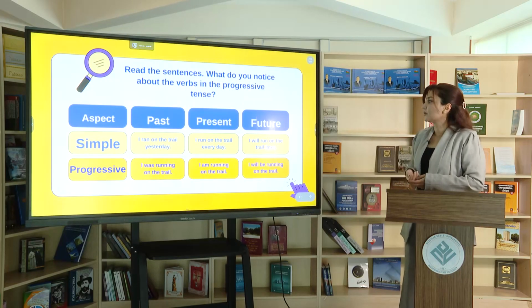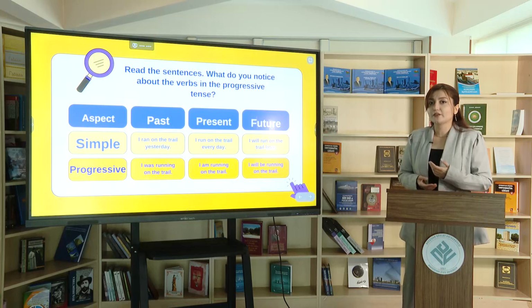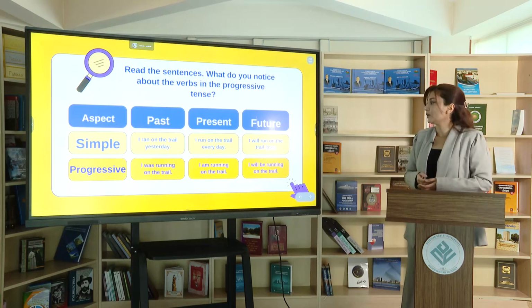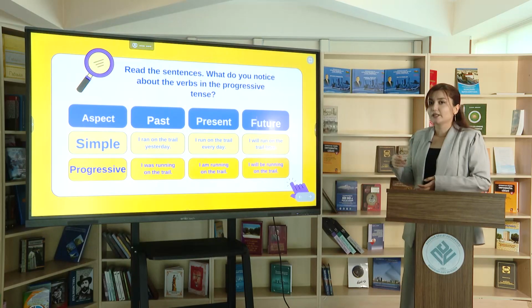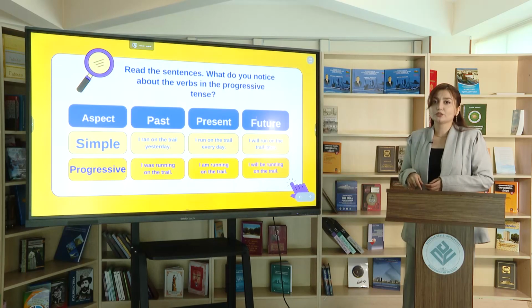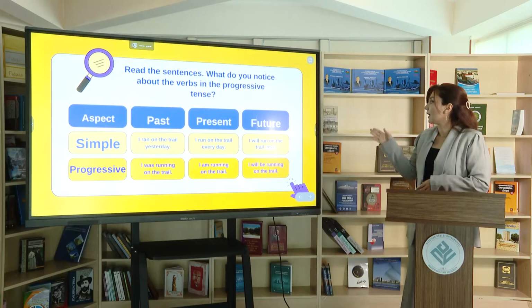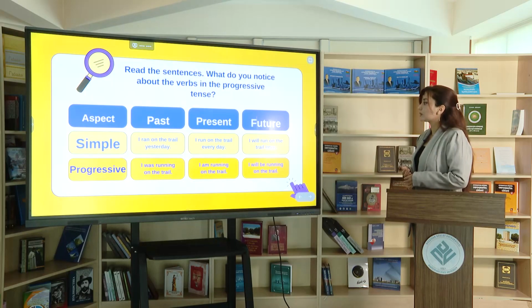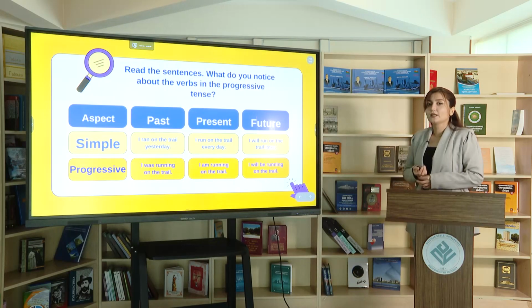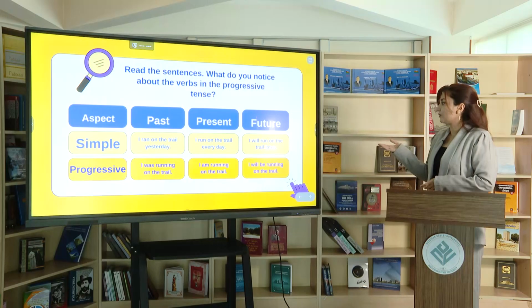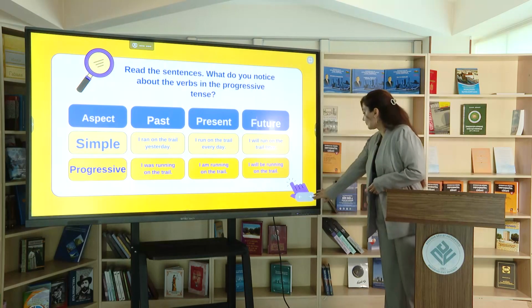In present simple tense, I run on the trail every day. It means that you do it regularly, often, and I am running on the trail. It means that you are doing it right now. In future tense, I will run on the trail later, and in progressive form, I will be running on the trail.